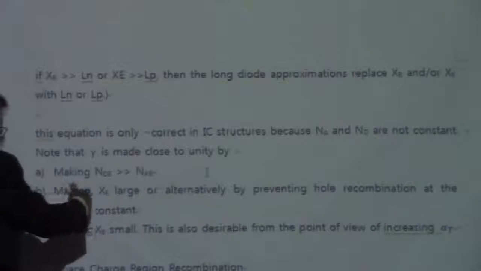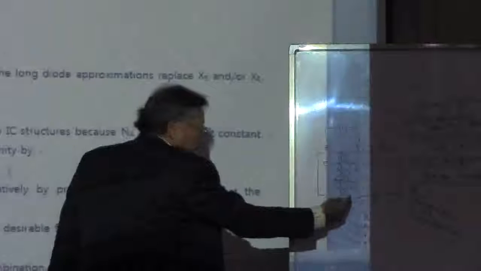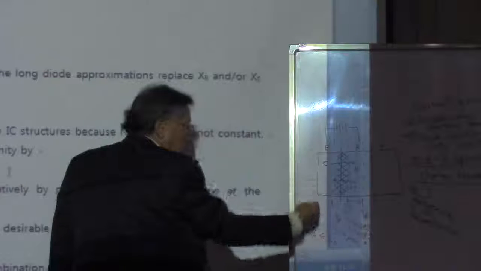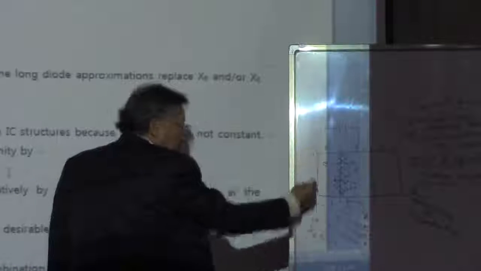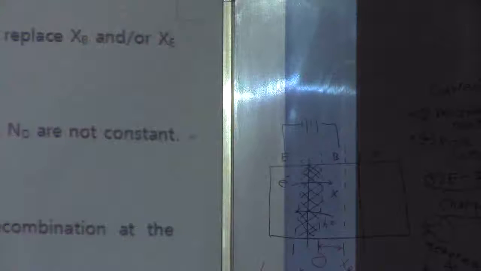So when you make the emitter length big, the hole injected into the base is not going to be collected at the junction at the end, the emitter and the metal electrode.